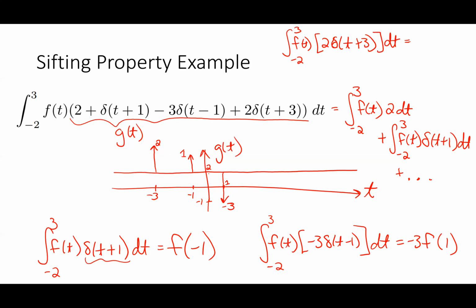What location would that pull off? -3, with one exception. Is that in the bounds of my integral? No. That would be 0, because the delta function is not defined in that particular range. It would have been 2 times f of -3 if I had different boundaries.